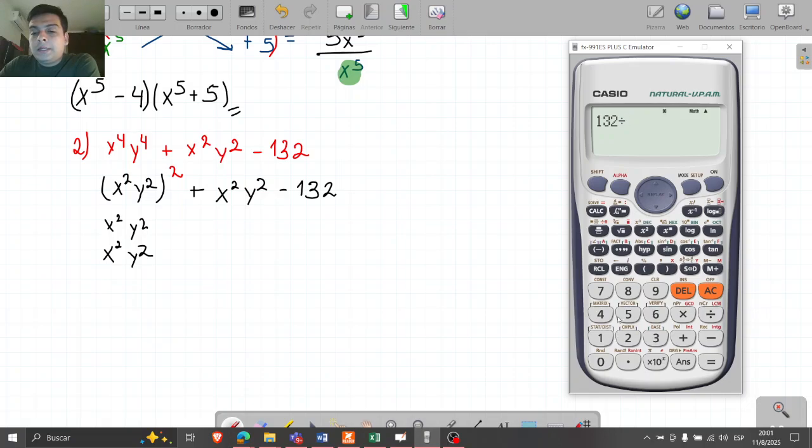I need to look for more numbers. I know that dividing by 2 is going to give 66, so I know it's related to 11. Maybe if we divide it by 11. Oh, very good. So we know that 11 times 12 is 132.